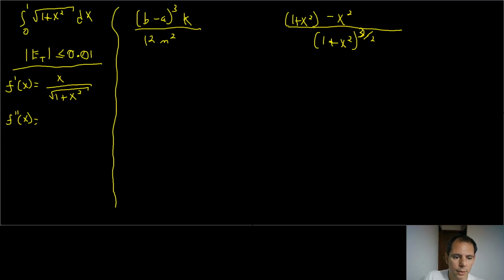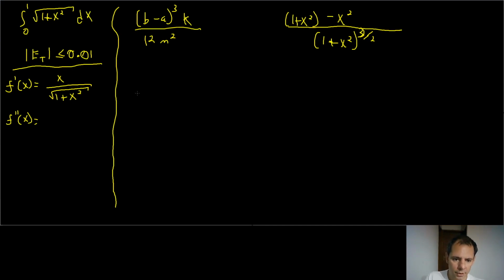Now, the second derivative, you can use either the product rule or the division rule. I'm going to use the division rule. So remember, the derivative of f of x over g of x. I'm going to tell you what the formula is now.